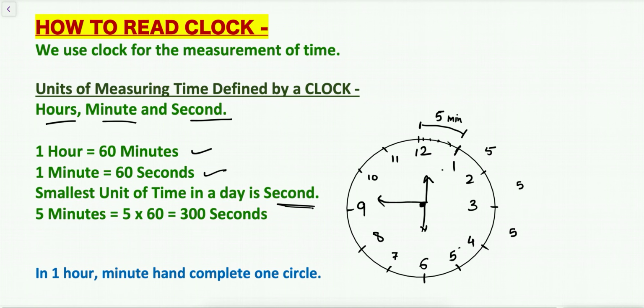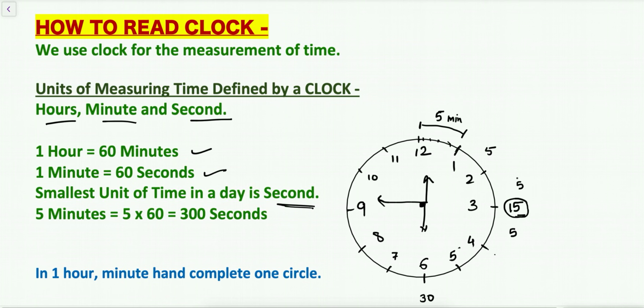So in a clock we can say that it is 5, 10, 15, 20, 25, 30. Here it is 30. So the minute hand, how will it read? So this is 5 minutes, this is 10 and this is 15. So when the minute needle is at 3, it will be 15 minutes.